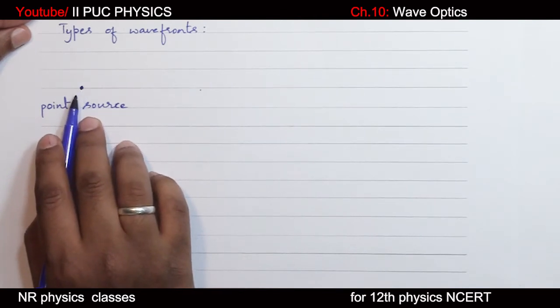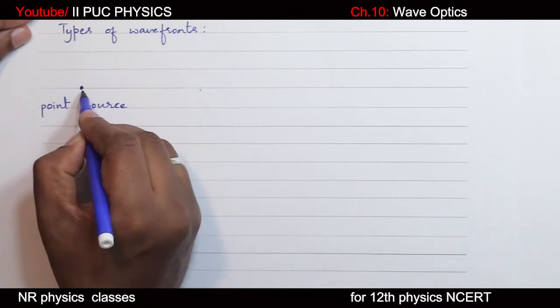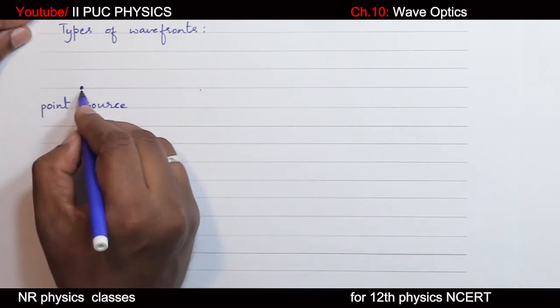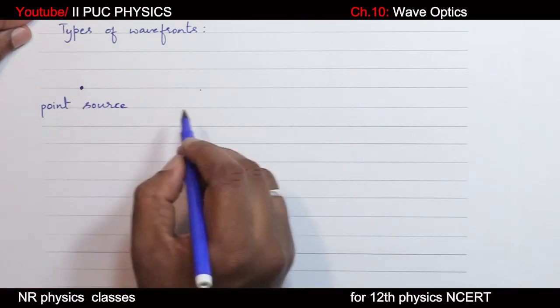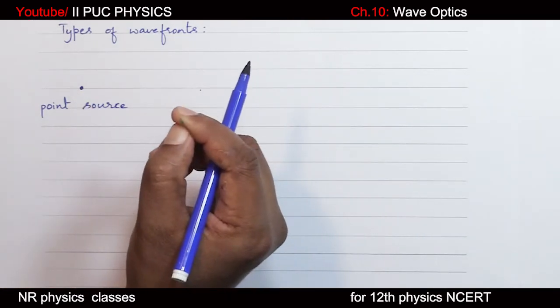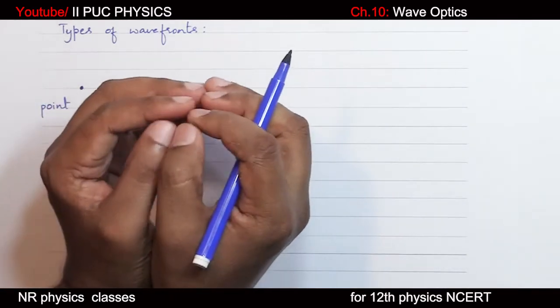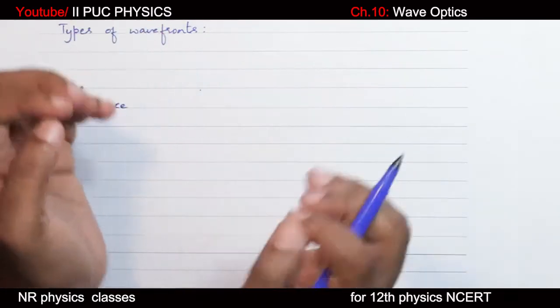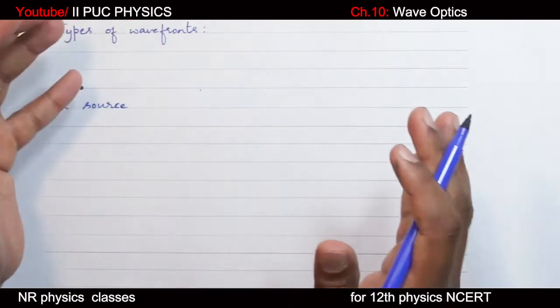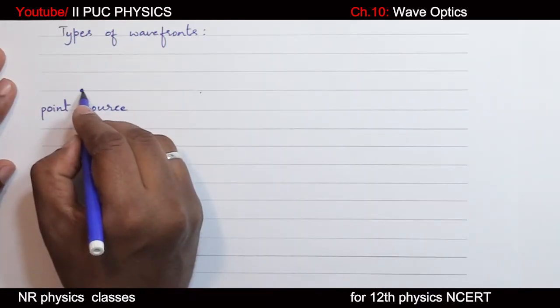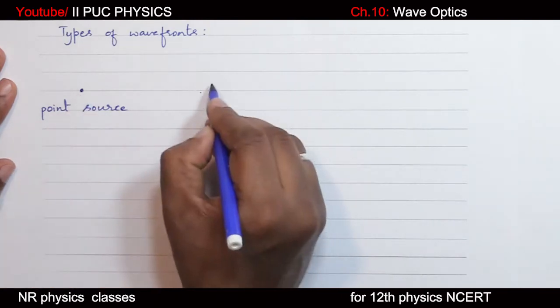This is the point of disturbance. From the point of disturbance, if the disturbance spreads in space, then it spreads in all directions equally. It spreads in all directions equally means it looks like a sphere. Disturbance from a point source looks like a sphere.